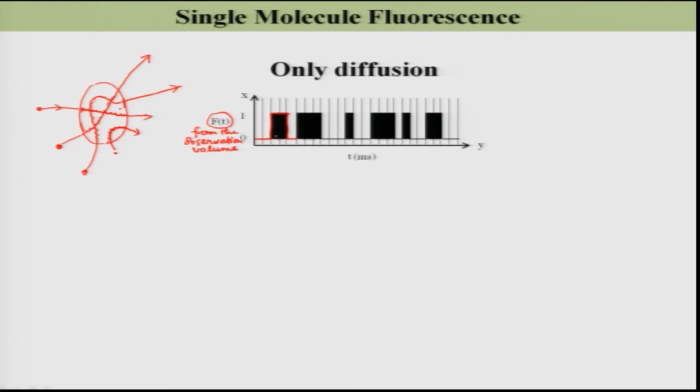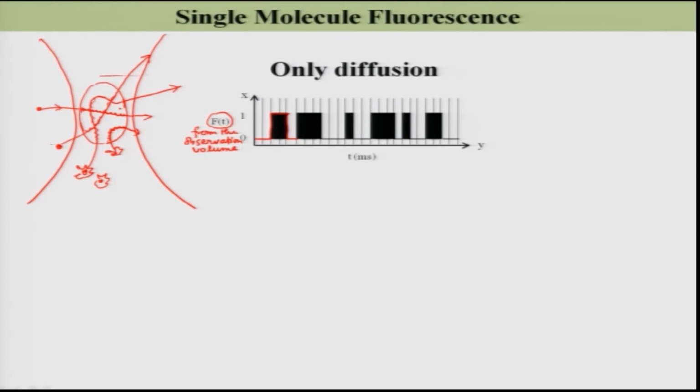That means none of these molecules are present here. Although the molecule here is getting excited, because your excitation light is like this, you will get the fluorescence only when it is present within this observation volume.